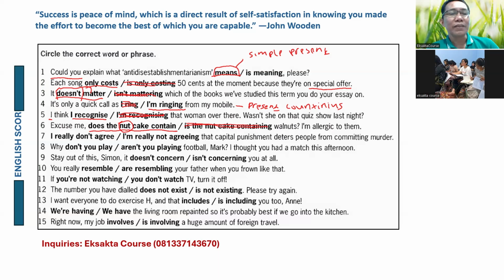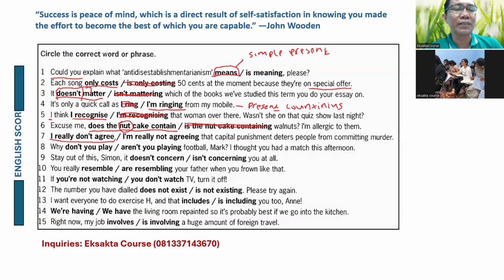Now number seven. Here in negative, in simple present form. "I really don't agree, and then I'm really not agreeing that capital punishment deters people from committing murder." The answer is "I really don't agree." Why use don't?